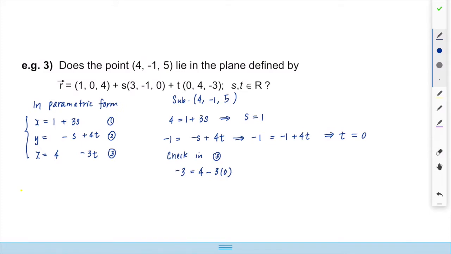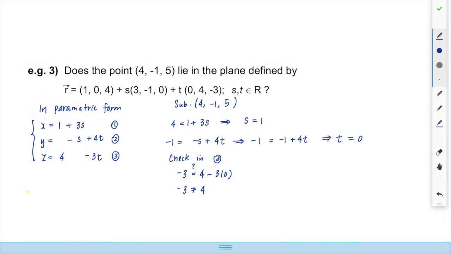So obviously, 5 is not equal to 4. And as a result, we can say that, therefore, the point 4, -1, and 5 is not on the plane.